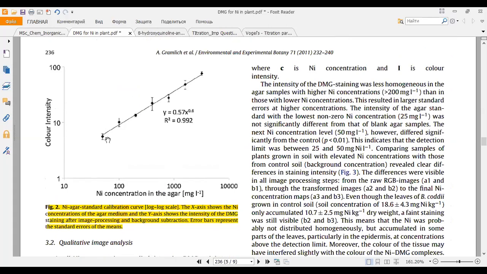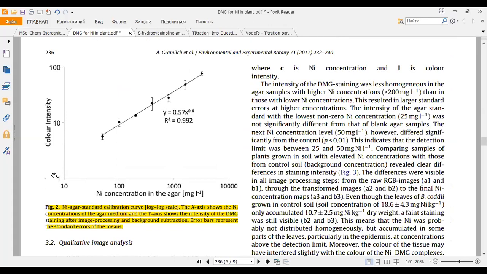Then you plot that information and get the calibration plot. The calibration plot is also called a standard curve or standard calibration curve. Now in this curve, see that the units are 10, 100, 1000, 10,000 on the x-axis, and on the y-axis it is 1, 10, 100,000. So the increment is on the basis of 10.